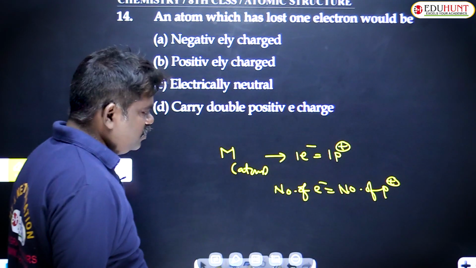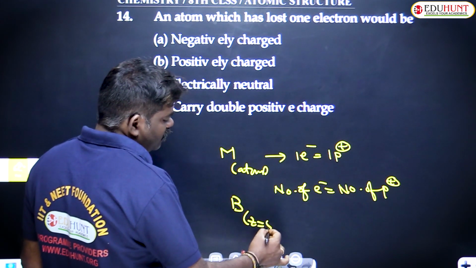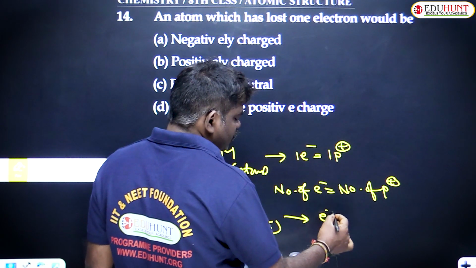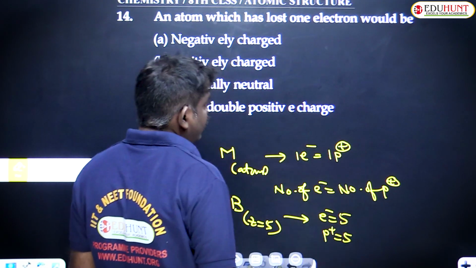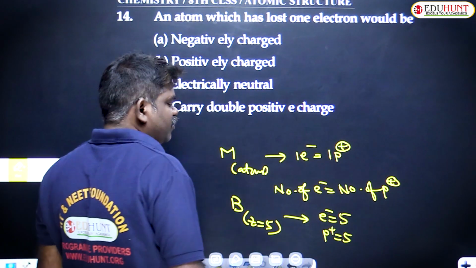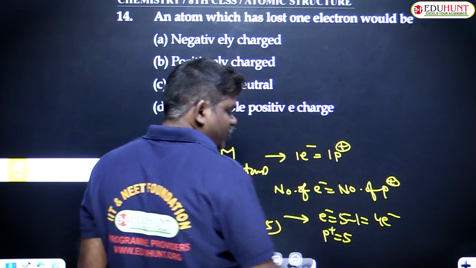For example, if you take boron, boron atomic number 5. The number of electrons in boron is 5, and the number of protons in boron is 5. Now, if the atom lost 1 electron, how many electrons are present? 4 electrons.